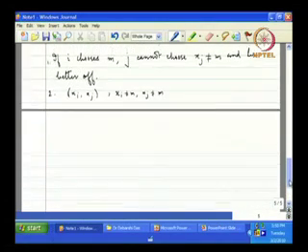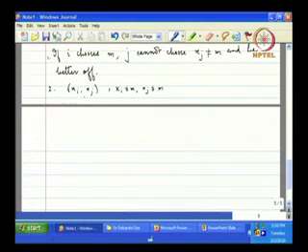How do we prove this? Well, there can be two possibilities. One is xi is not equal to xj, and the second is that xi is equal to xj. These two exhaust all possibilities.